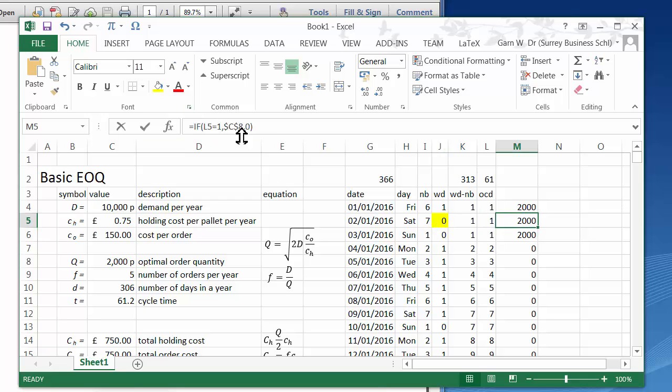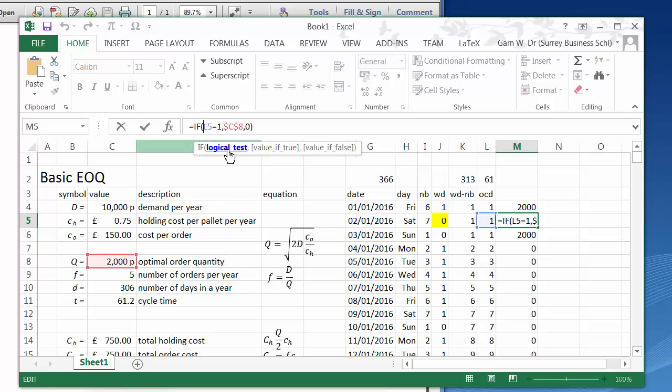So let's include an end condition. So AND, our second logical aspect is that this one should be greater than 0.